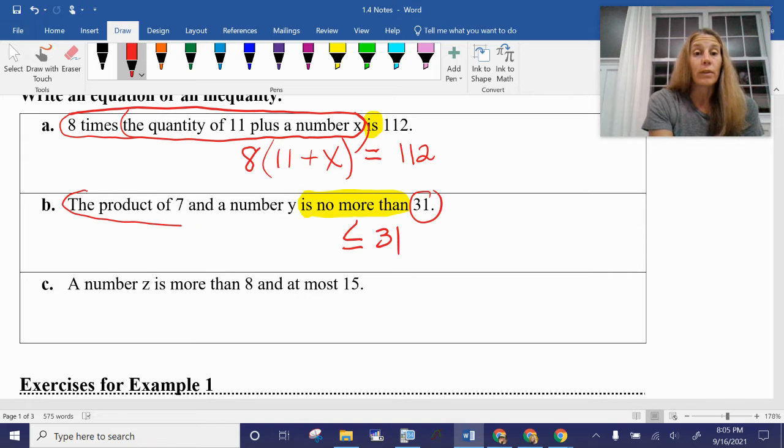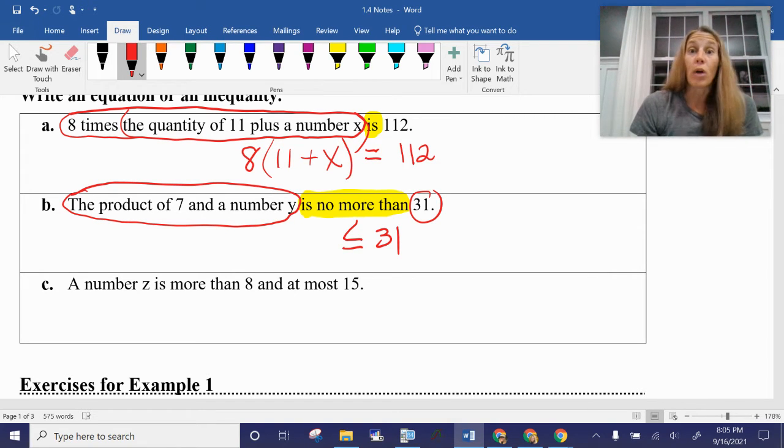Now we need to figure out what this expression is for the left-hand side. The product, remember from yesterday's lesson, means multiplication of 7 and a number y. So 7 times y. And we know that when we do multiplication, we can just put the number and the variable right next to each other. We don't need to put a sign in the middle. You can, but it's really not necessary.